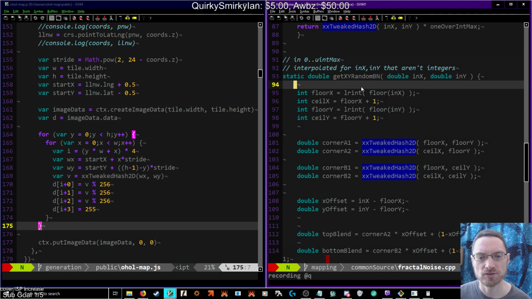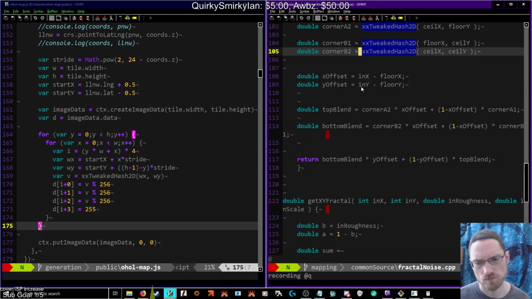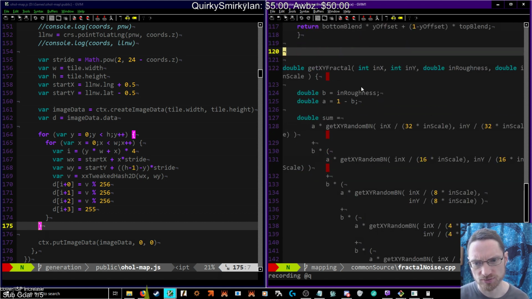He actually handled non-integer coordinates. So then we have to ask, you're getting doubles. Int in x. Oh, double reference, double in scale.